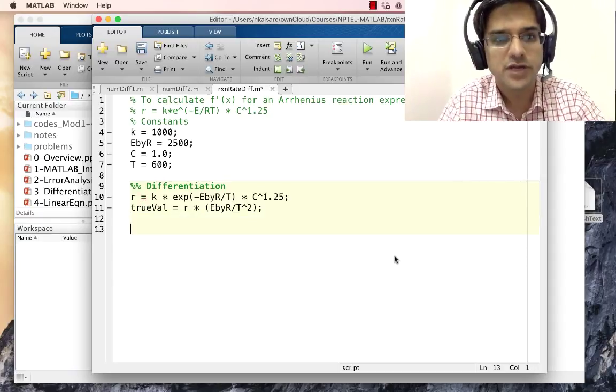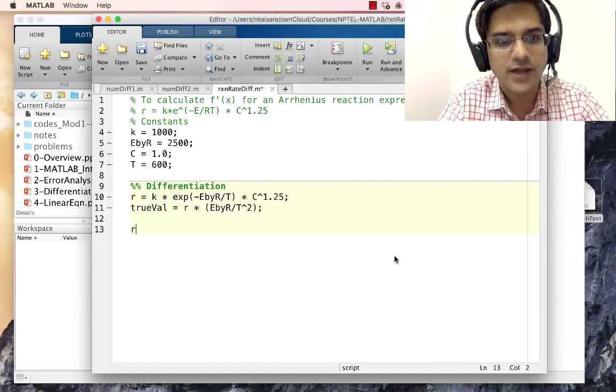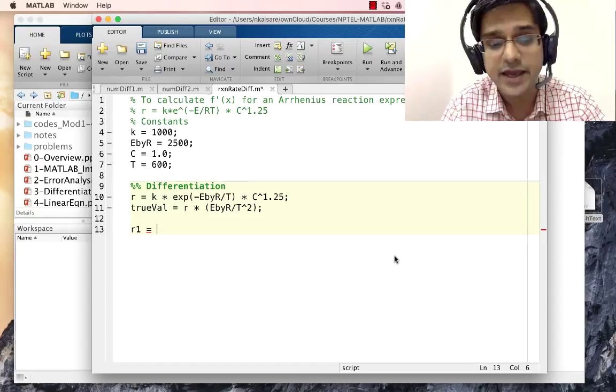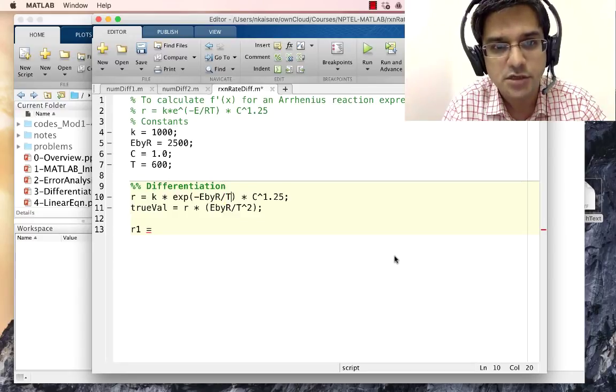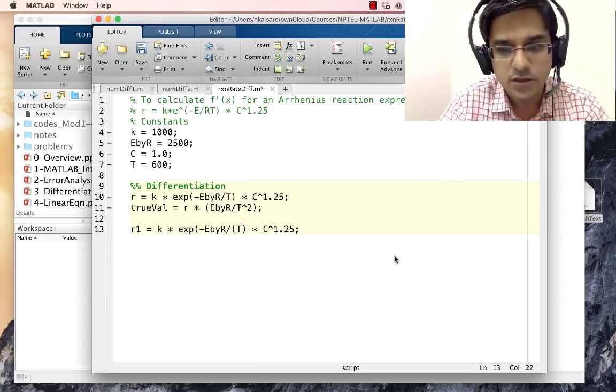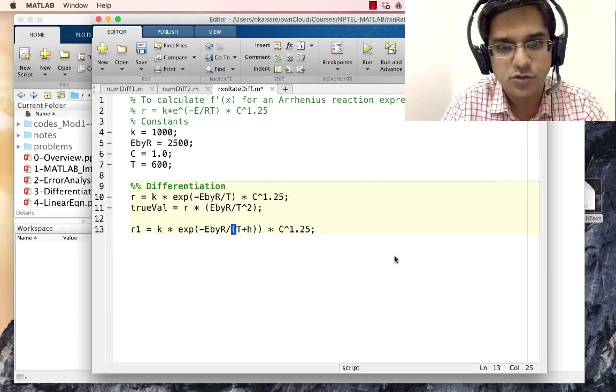Now, for the numerical differentiation, we want to calculate R1, and R1 is going to be nothing but K multiplied by e to the power this, but instead of T, we will have T plus H. Let's just copy this and put T plus H over here.